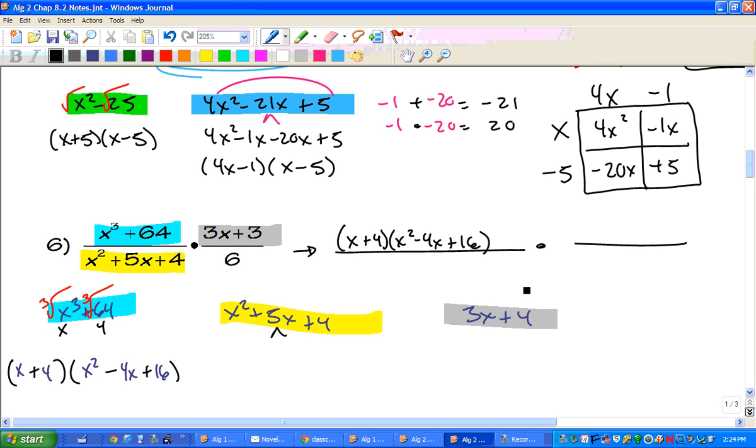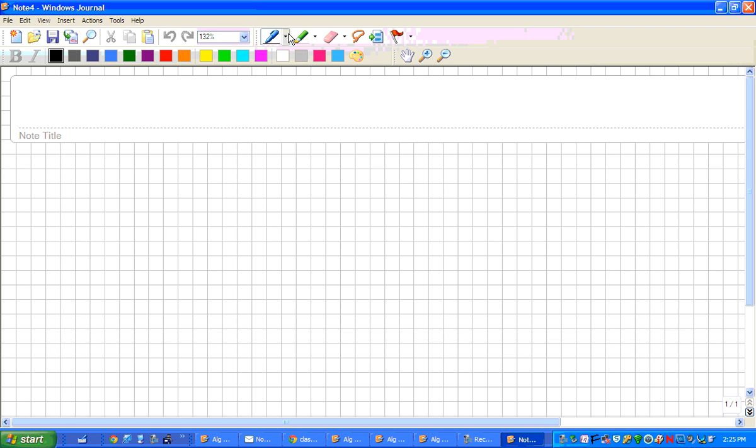Now, x squared plus 5x plus 4. This is what you guys should be doing in your heads. You want numbers that add up to 5 but multiply to 4. Well, that's 1 and 4.